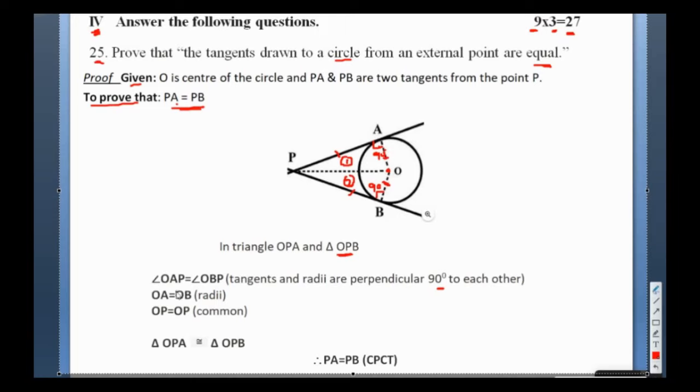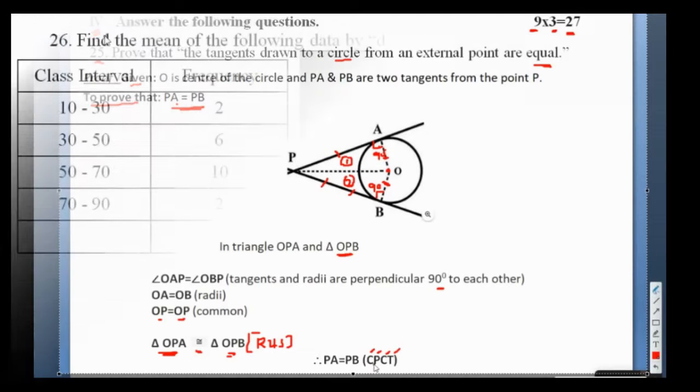We know that radii in a circle are equal. OP is common to both the triangles, so I am equating OP in triangle 1 with OP in triangle 2. As per the RHS axiom, triangle 1 and triangle 2 are congruent to each other. As the triangles are congruent, PA in triangle 1 and PB in triangle 2 are equal, based on corresponding parts of congruent triangles.